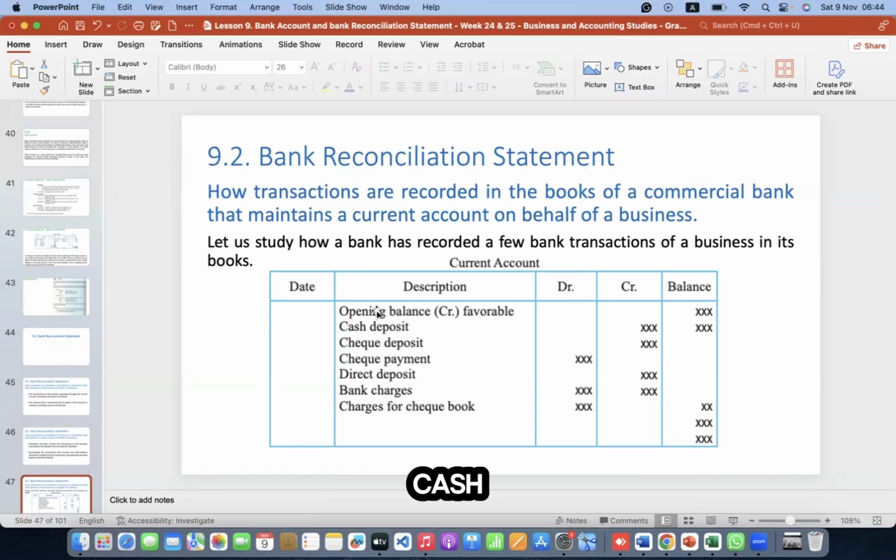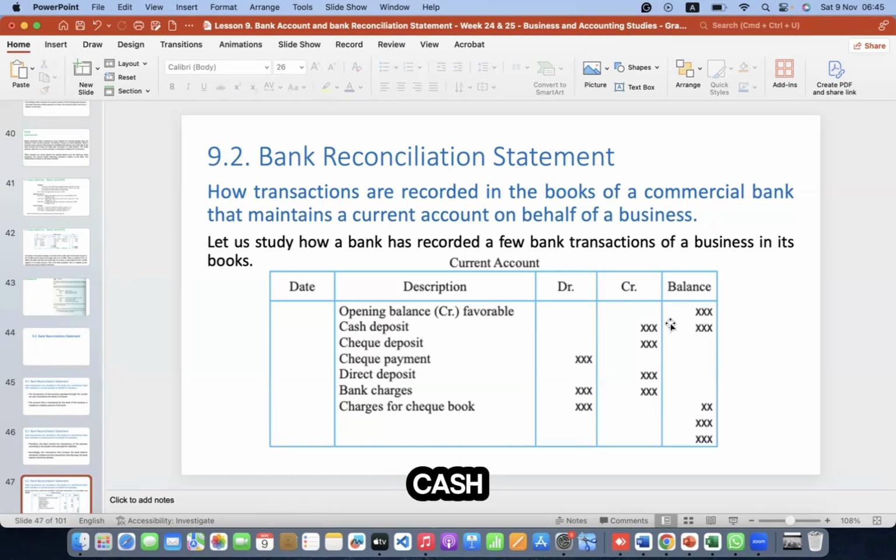When cash or checks are deposited into a current account, from the bank's perspective, they are crediting the account. Why is that? It is very simple.